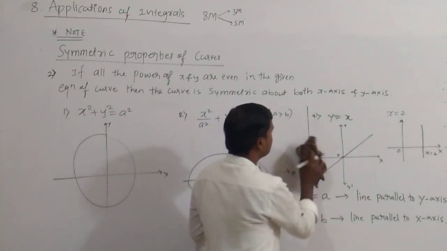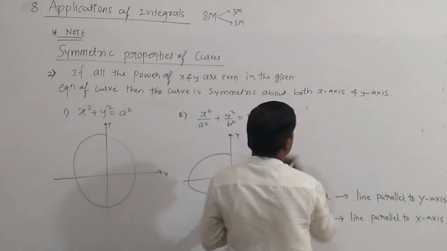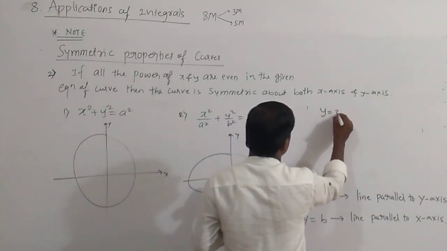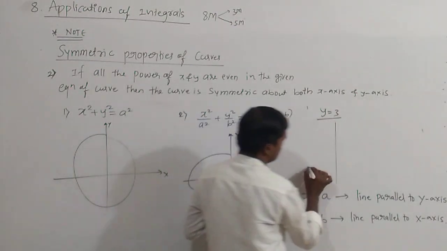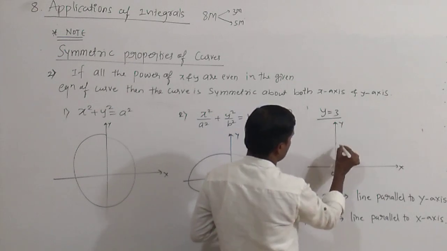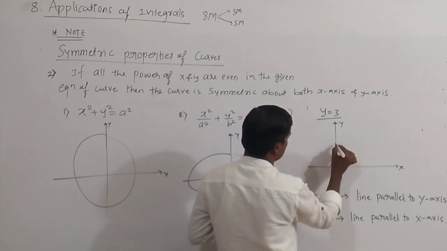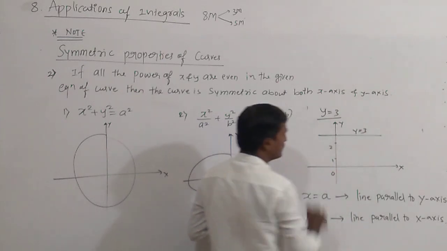Similarly, if they have given y is equal to 3, then how do we draw y equal to 3? Again here it is like this: x axis, y axis, origin. Here the value of y is 1, 2, and here it is 3. So this is y equal to 3.